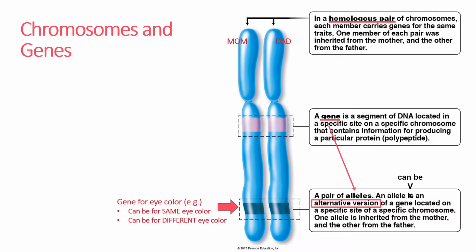It's also possible that mom and dad's chromosome that carry the gene for eye color have different alleles or different versions of that eye color gene. For example, mom's carrying the gene for blue eyes and dad's carrying the allele for brown eyes.